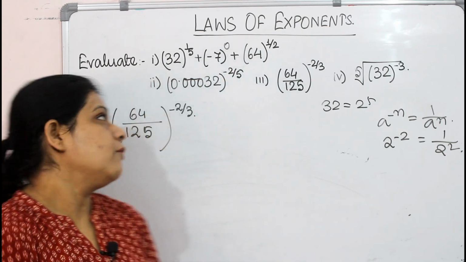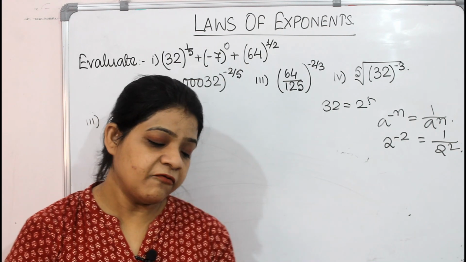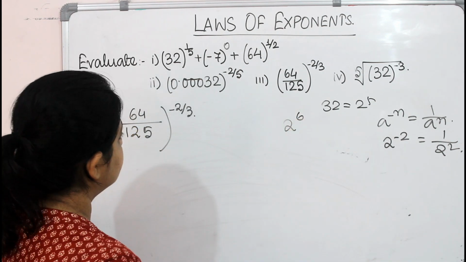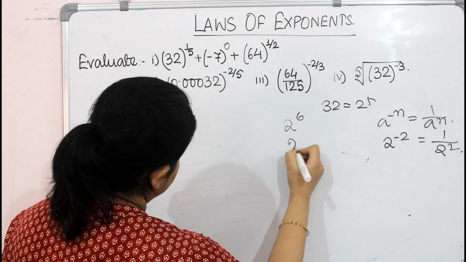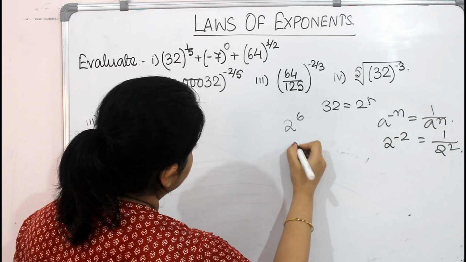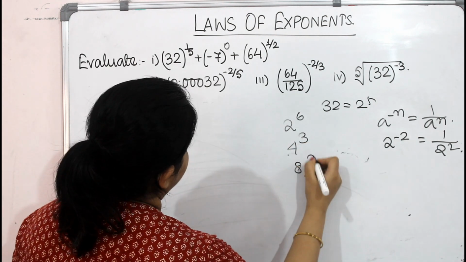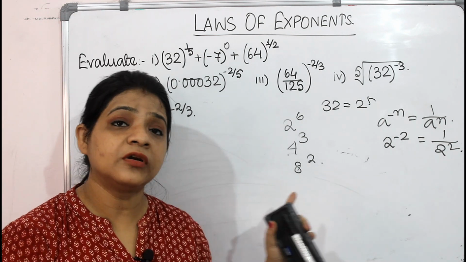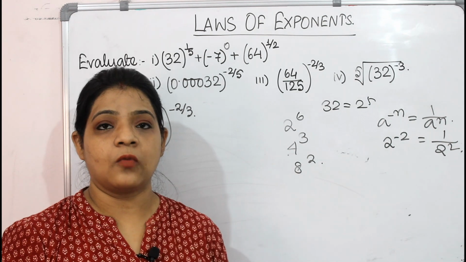Okay, now 64 can be expressed as either 2 to the power of 6, or 4 to the power of 3, or 8 square. Now it is up to you to decide which power will work for this.